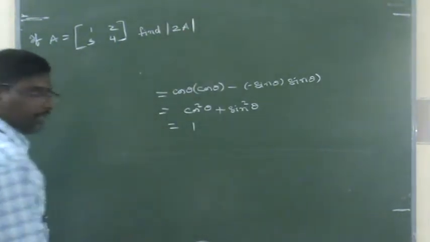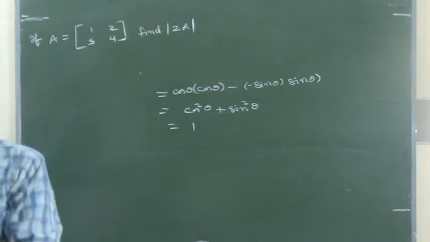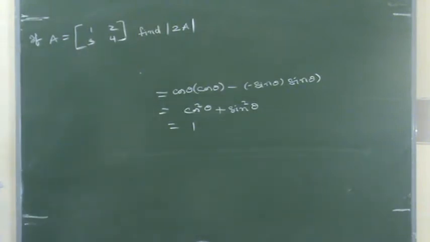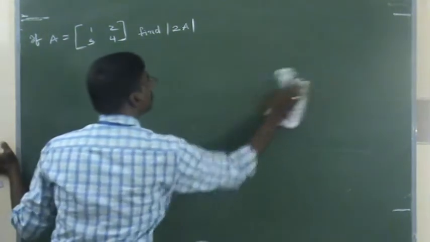Det of 2A or determinant of 2A, both are the same. Det is nothing but the symbolic representation of the determinant of the given matrix.